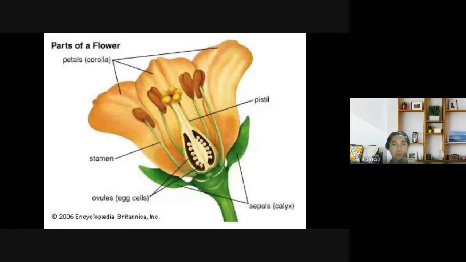Ito po yung calyx or yung commonly known as sepals. Ito yung petals po at saka yung sepals, ito po kasi yung protective part or covering part ng ating pinaka-main organ. Okay? Nasa loob po yung pinaka-main organ ng reproductive organ ng flower.